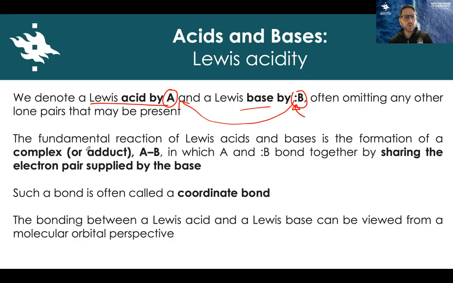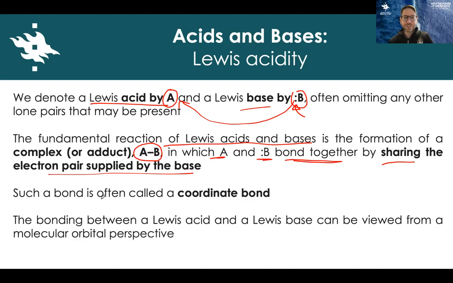So the fundamental reaction of a Lewis acid and base is the formation of this complex or adduct AB, in which the acid and the base bond together with each other by sharing the electron pair that is supplied by the base.